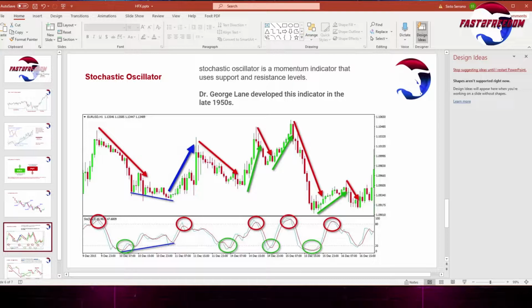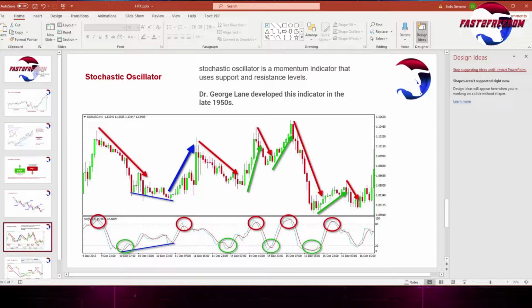Now that's if you're just using the stochastics by itself. These are good ways to be using it and to think about it, like when you're not just thinking oversold or overbought, but you're thinking, oh wow, there's a resistance area zone that it's starting to hit. So be prepared for the reversal.